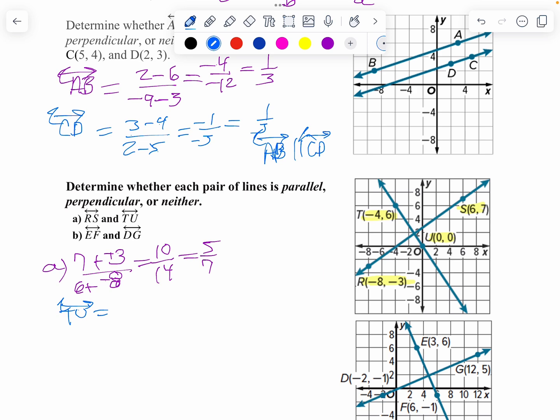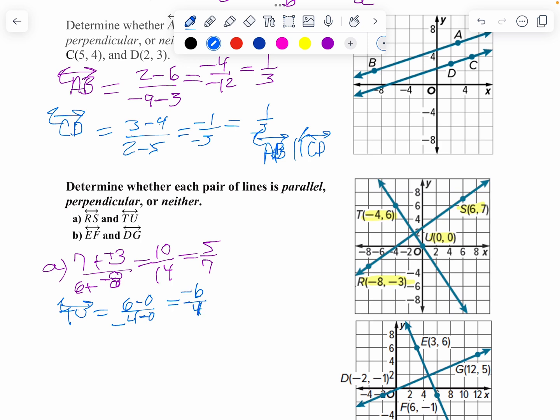Because if I take 6 minus 0 over negative 4 minus 0, I get 6 over negative 4.